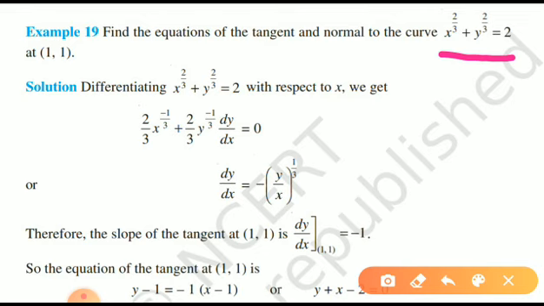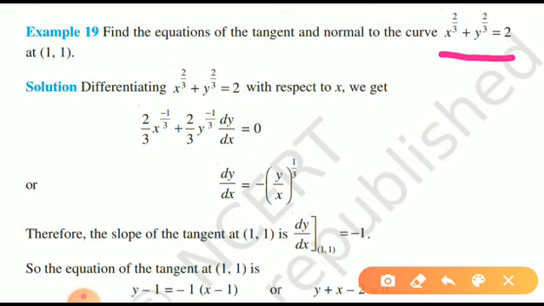Now we have to find the equation of the tangent and normal. So for that, we need to find dy by dx at the point 1, 1. Yes. So in order to find that, differentiate the given equation with respect to x.